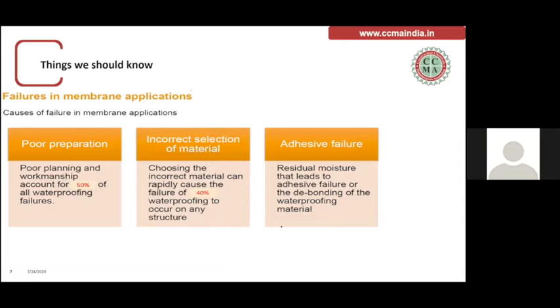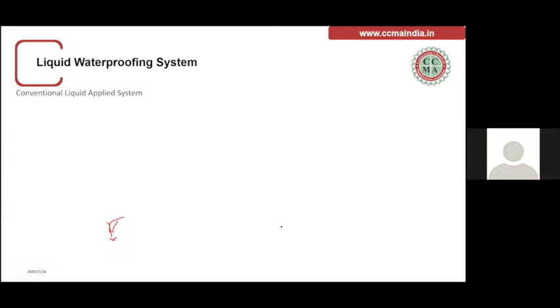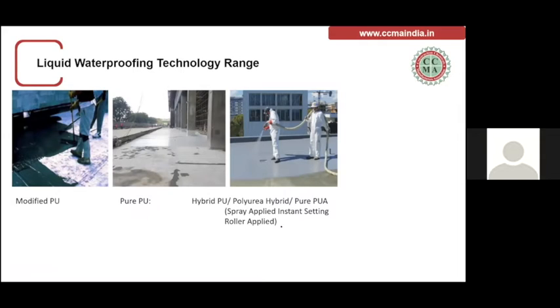Now, for the 3 kinds of technologies I discussed in the previous slide, I forgot to elaborate. The liquid applied systems are meant for the mass market, where you don't need very heavy equipment; you just need an airless spray machine, or you can use a brush or roller to do the application.